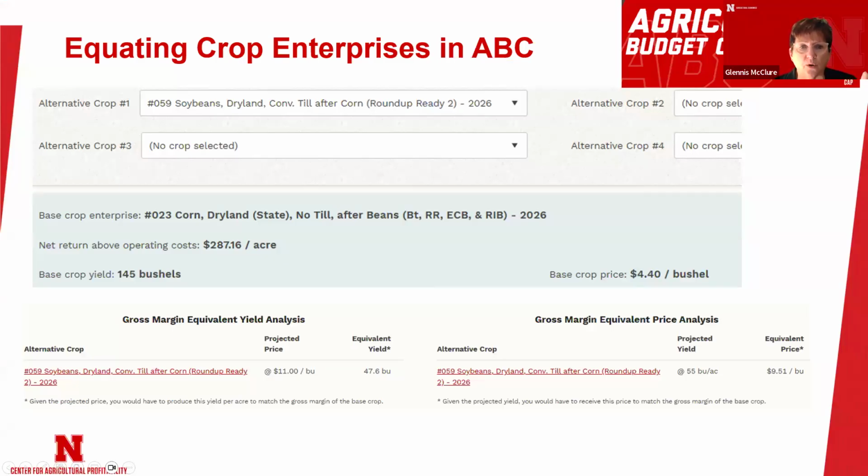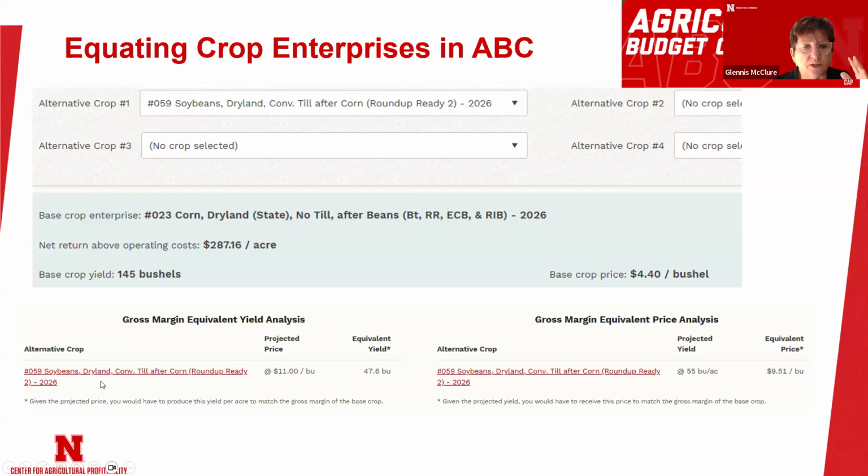But my base crop here is that dryland corn budget. Net return above operating costs, 287.16. That's just operating costs. I put in 440 in this case on that. And then I'm comparing my soybean, a dryland, no till after corn. No, this is conventional till, I guess. Okay. That was a different budget.